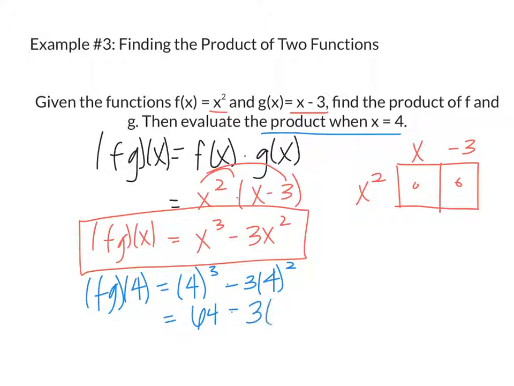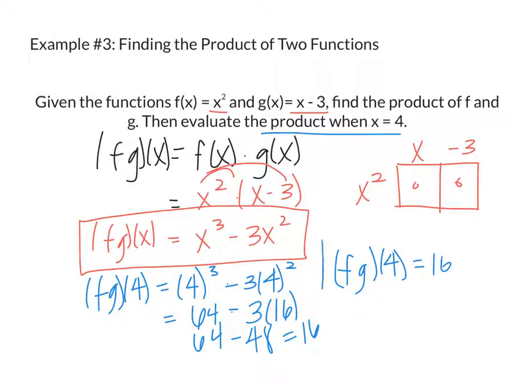Minus 3 times 4 squared, which is 16. 16 times 3, I believe, is pretty much what we just did with the 6. No, it's not. It's 48. That was going to be bad. 64 minus 48. And that gives us 16. So f g of 4 equals 16, and that's our second answer.